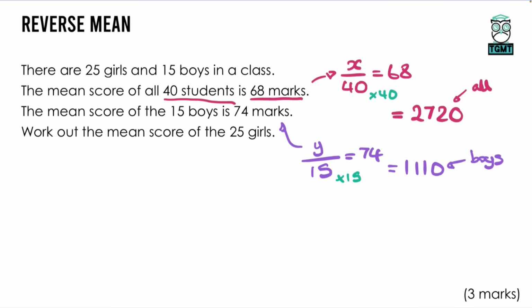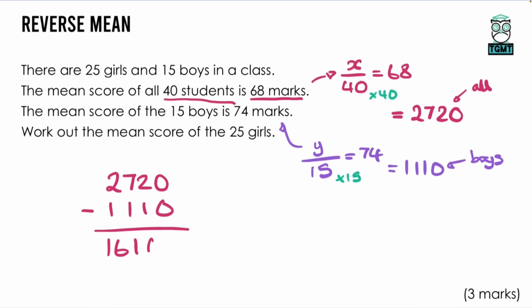So for this now, in order to get the total for the girls, I would want to take the total for the whole class, 2,720, subtract 1,110. Don't actually need to do that using column subtraction, but I want to make sure my working out is nice and clear, particularly just in case I have made a mistake. I'm still going to get those method marks for doing the correct process.